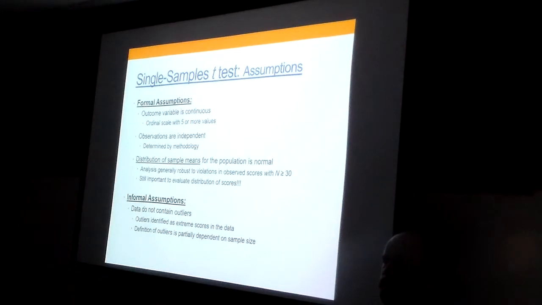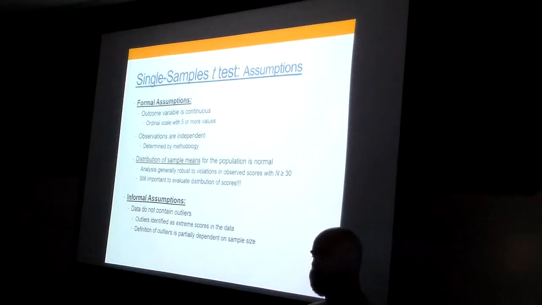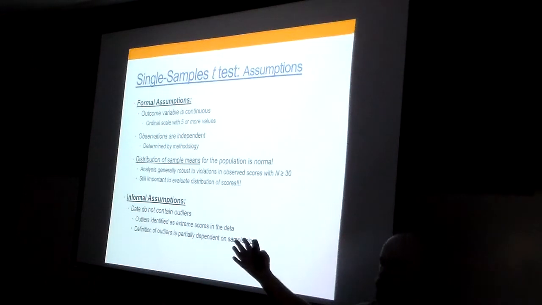And so from a technical standpoint, are we concerned as much with the distribution of the scores in our sample? So we've got our distribution of sample means, and then we've got the distribution of scores that we see in our individual sample.